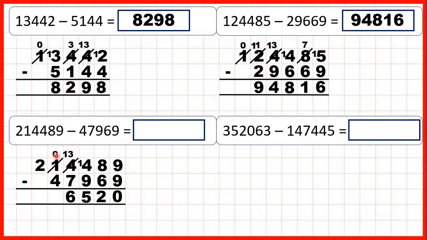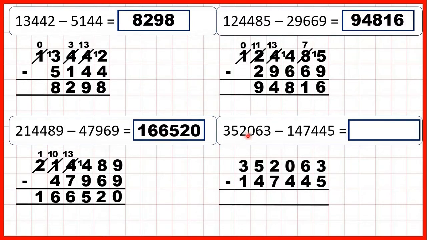We can't do 0 minus 4, so go to the left, 1 less, 1 in front. 10 minus 4 is 6, and now 1 minus nothing is still 1. So we have 166,520.